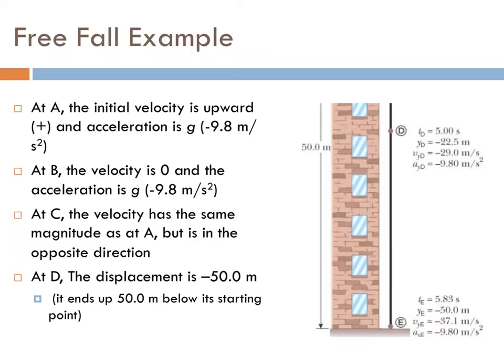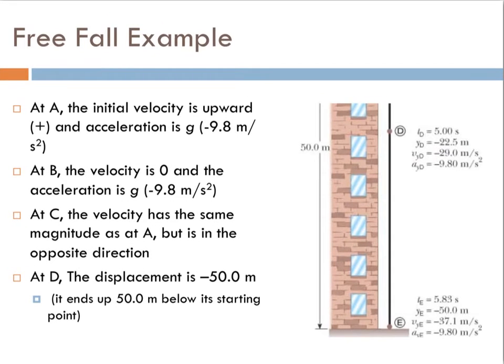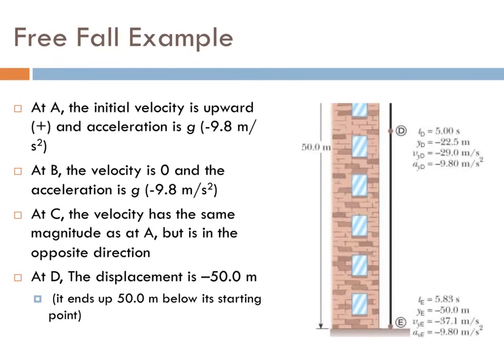Here we're looking at point D. So point D is now beyond where we started. So our little guy is over here, or somewhere over here. This is where he tossed the ball upward. The ball reached its highest point. Now it passed its original position, and now it has moved beyond that. So this is happening 5 seconds after we tossed it.